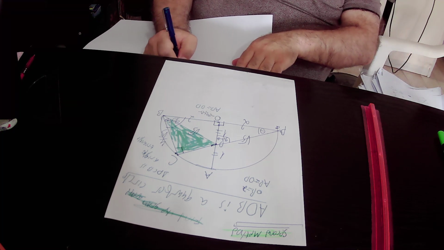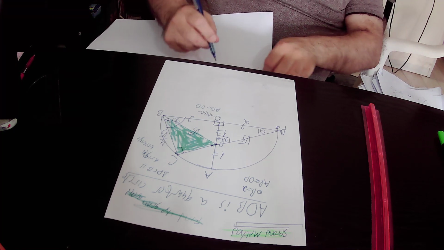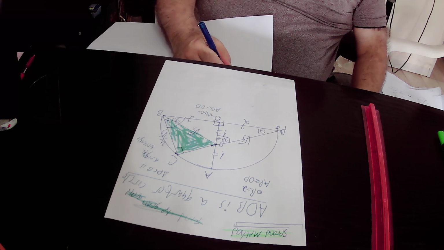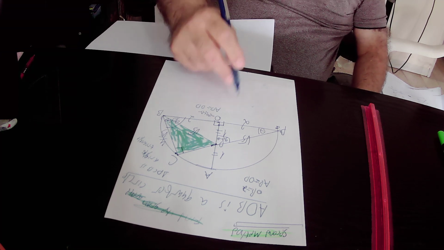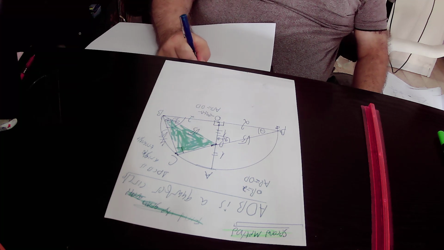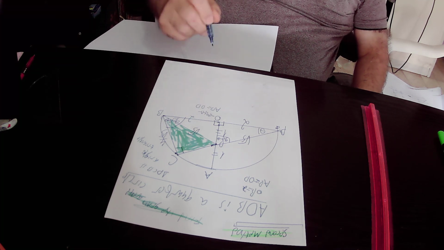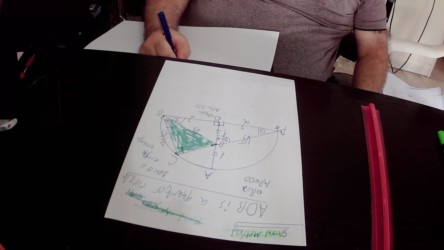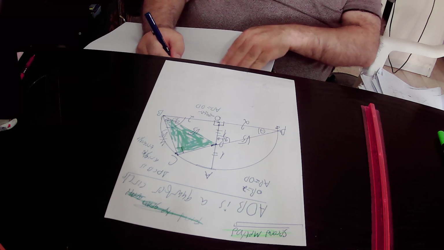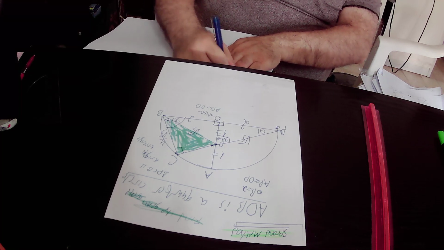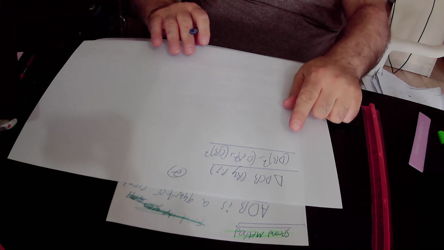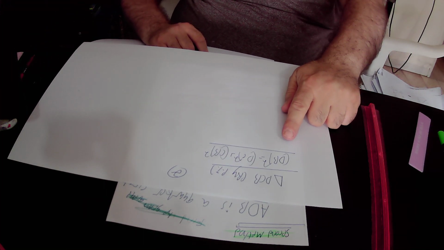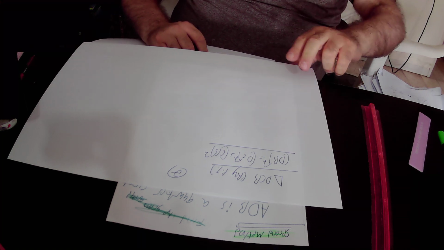That is to say, DB square equals DC square plus CB square. Repeat again: on the right blue triangle DCB, DB square equals DC square plus CB square.